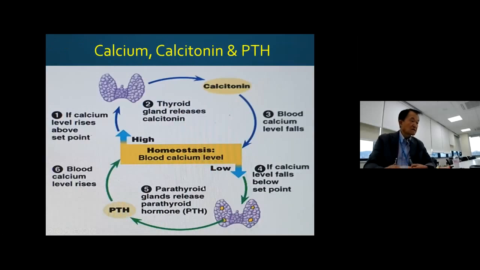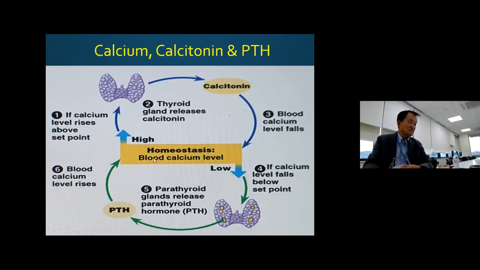Now here you can see the homeostasis of calcium, calcitonin, and parathyroid hormone.